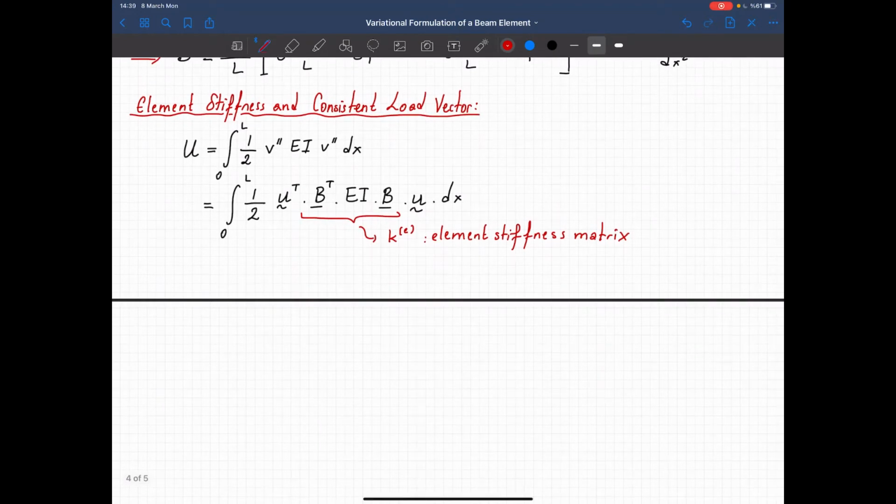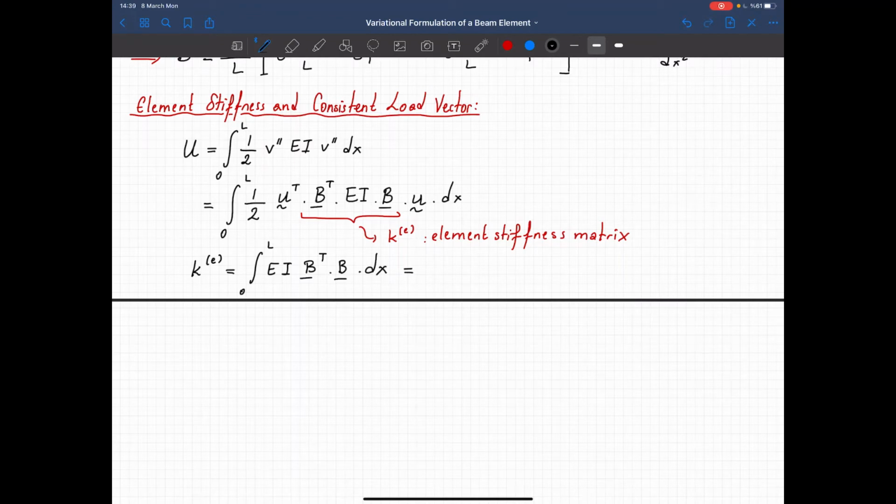So in that case, k element will be equal to the integral from 0 to L. EI is constant. That will be B transpose times B integrated over x.